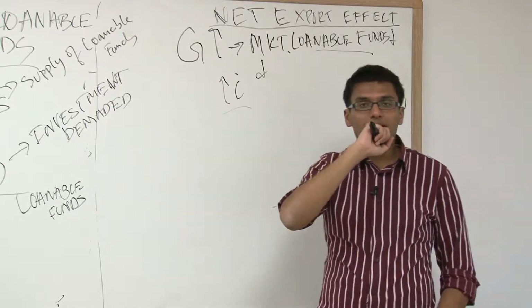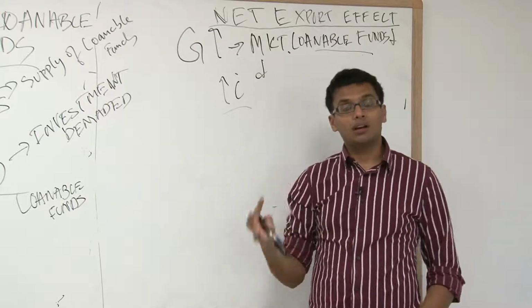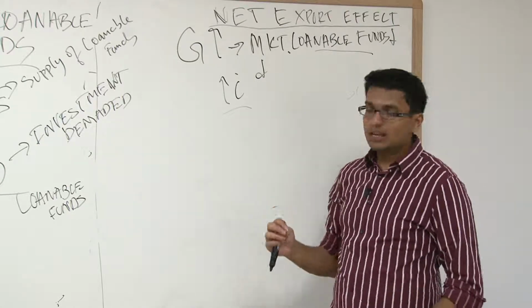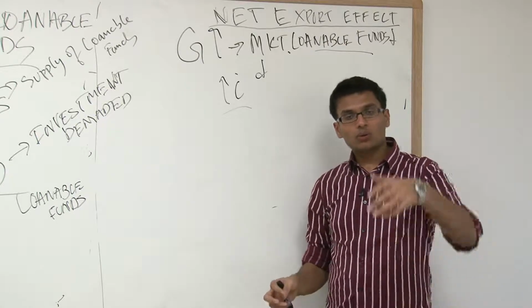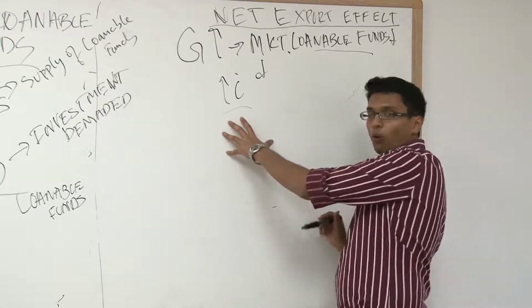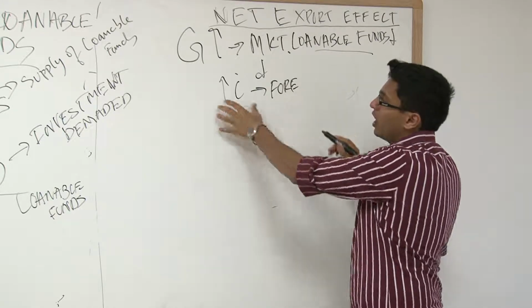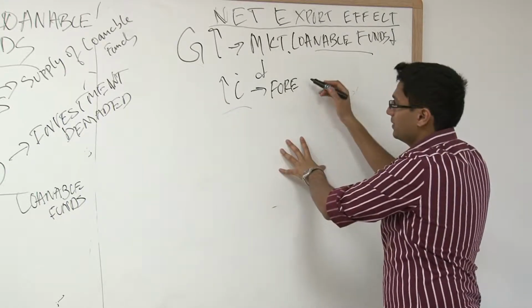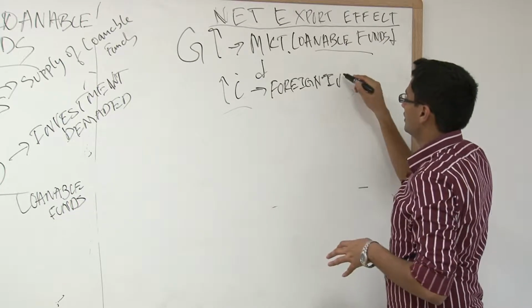So what me as an Australian is thinking, I'm thinking, the interest rates in America have gone up. And so what that means is when I put in money, okay, I get more money back, okay? So what this does is this attracts foreign investors. So the amount of foreign investors that come into this particular economy, let's say this is the United States, it could be anything, okay? So the foreign investors rush in to this economy.